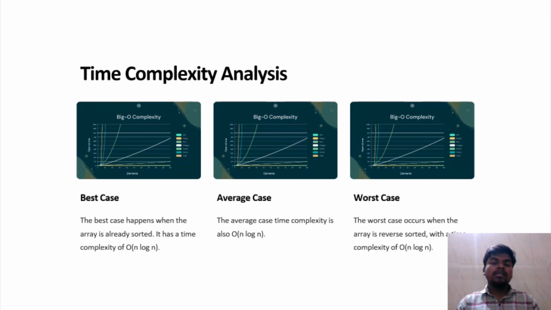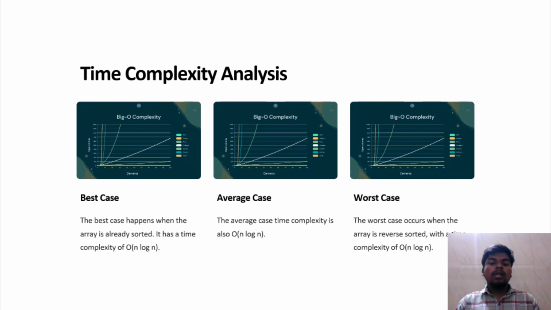The time complexity analysis of merge sort. There are three cases in the time complexity analysis of the merge sort: best case, average case, and worst case. The best case happens when the array is already sorted.